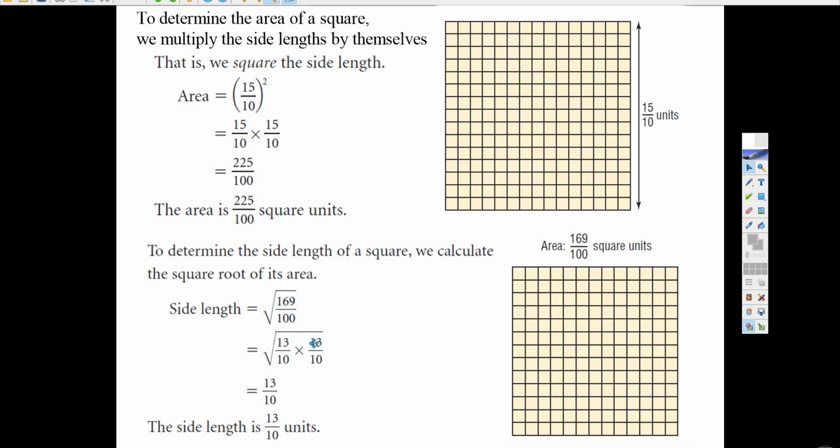And because 13 times 13 is 169 and 10 times 10 is 100, the square root of 169 over 100 is 13 over 10. So the side length is 13 over 10 units. Now we're going to do a whole lot of questions on this idea of taking the square root and having fractional answers for the side.